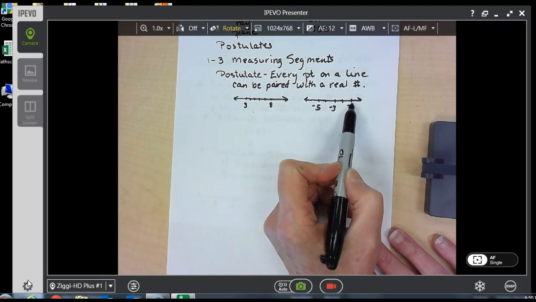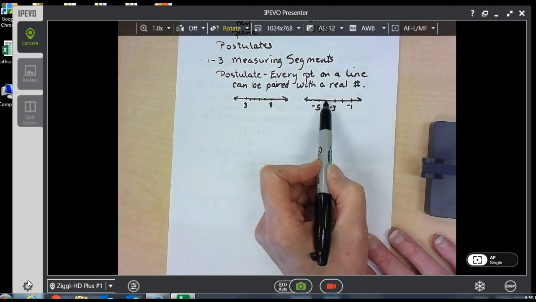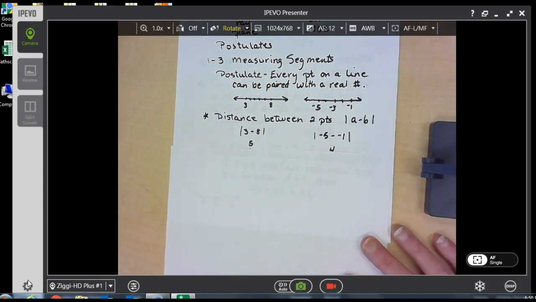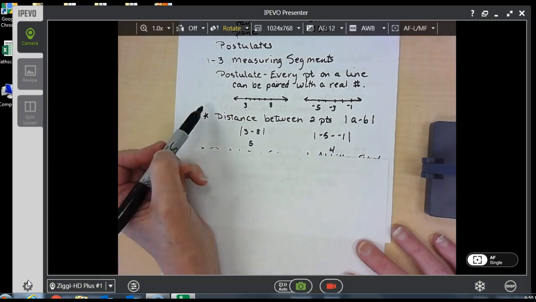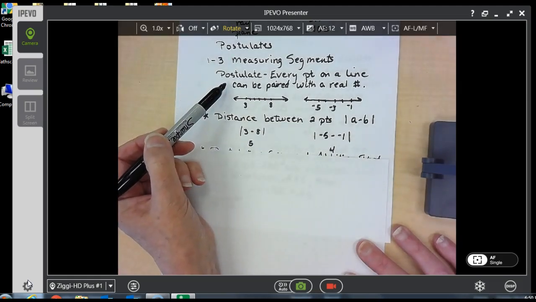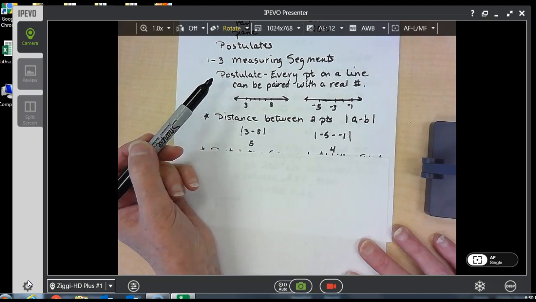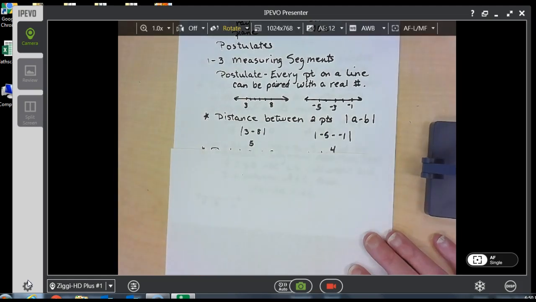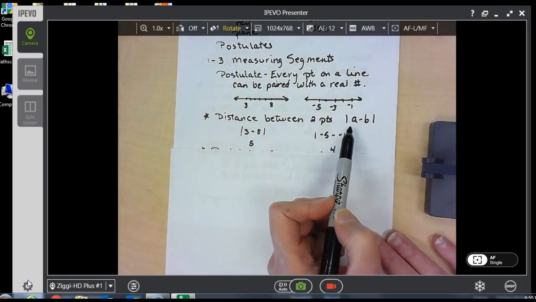So if we go -1, -2, -3, -4, -5, we could put numbers all the way across. To find the distance, and as you notice I put a star here, this postulate I think you already know, so I don't see a reason to write it down.